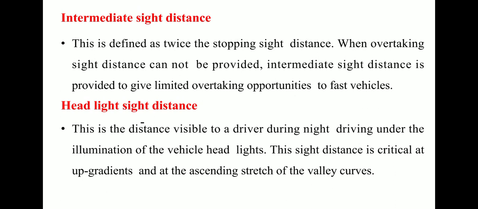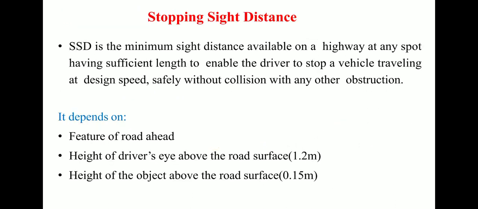When overtaking sight distance cannot be provided, intermediate sight distance is provided to give limited overtaking opportunities for fast moving vehicles. Headlight sight distance is the distance visible to a driver during night driving under the illumination of the vehicle headlights. The sight distance is critical at upgradients and at the ascending stretch of valley curves.